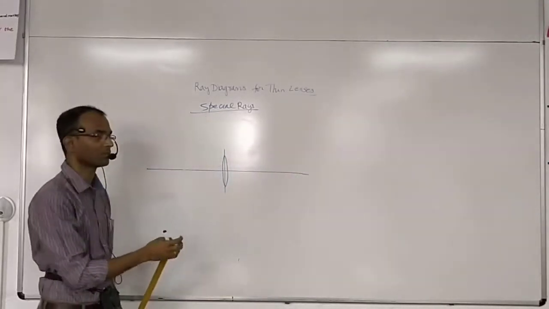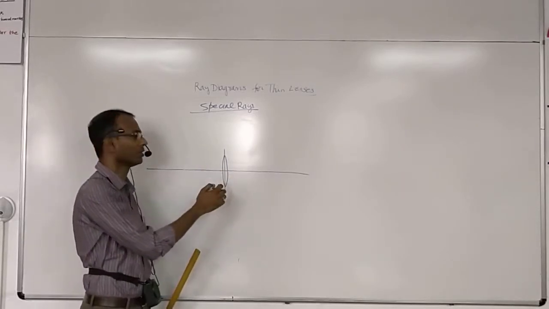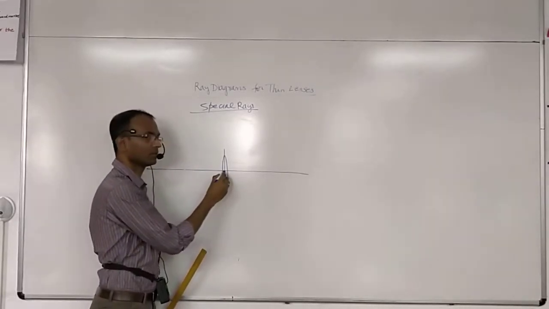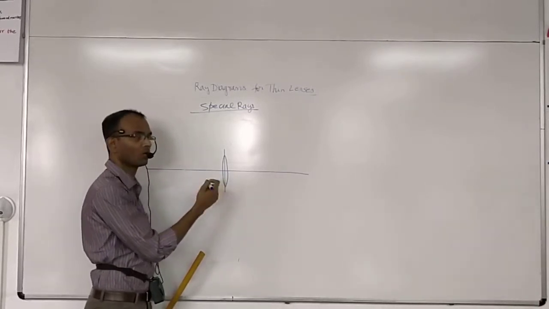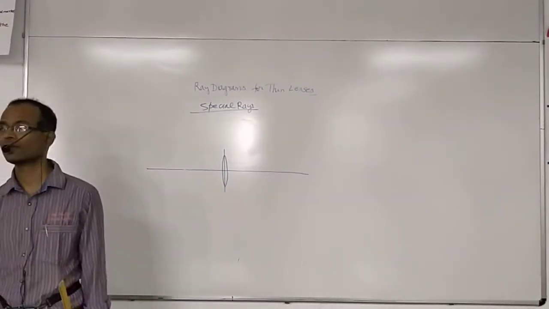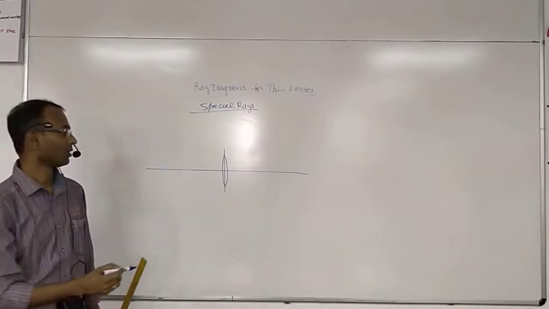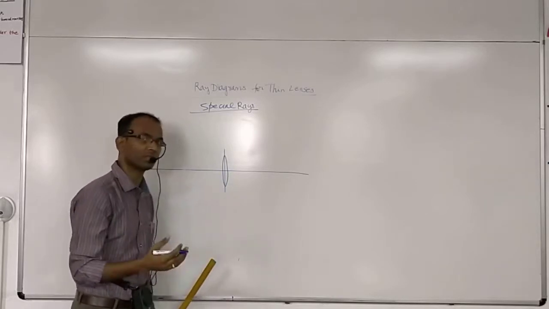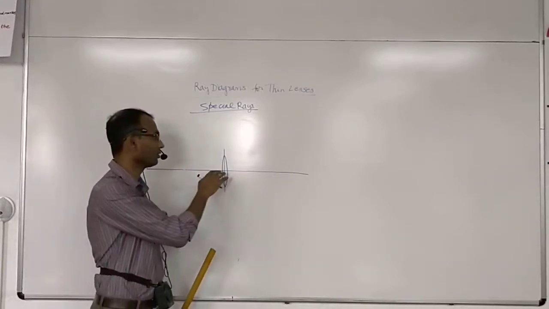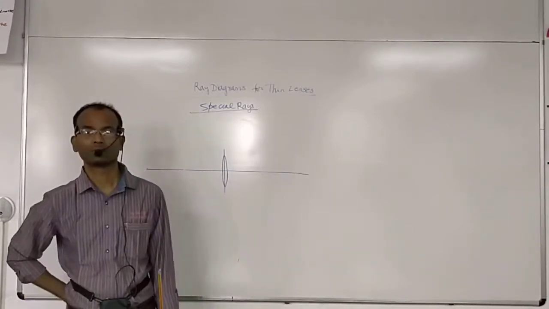Thin lens means the thickness is so small that you can treat the center of the lens, the front tip and the back tip to be at the same point. These three points you can treat as equivalent.